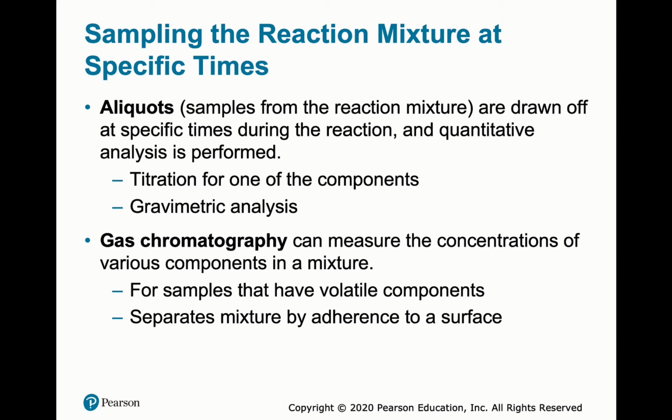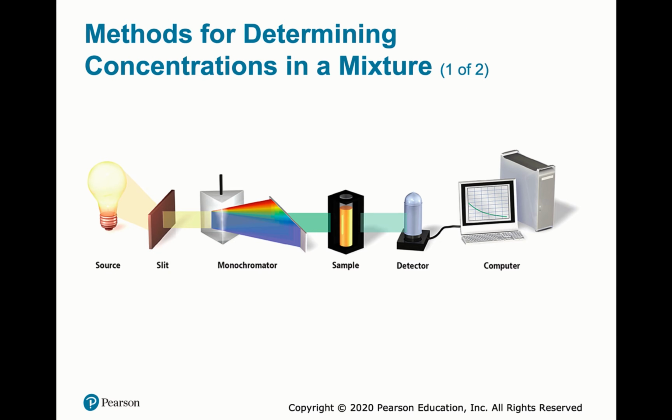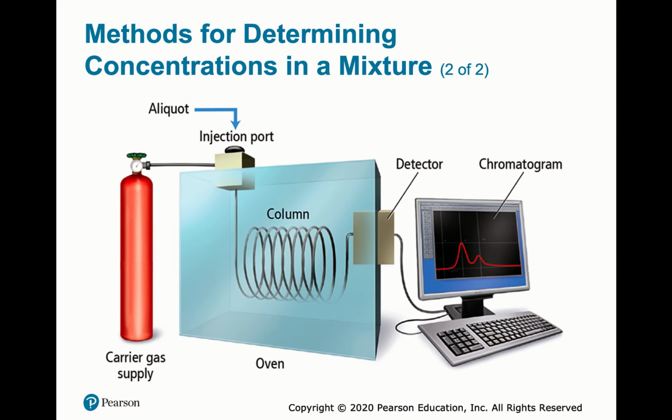Aliquots can be taken off and then analyzed, and also gas chromatography. This separates things out in terms of volatility. And so here is an example of one. This would be using a spectrometer. And here's another one, an aliquot, to look at various things.